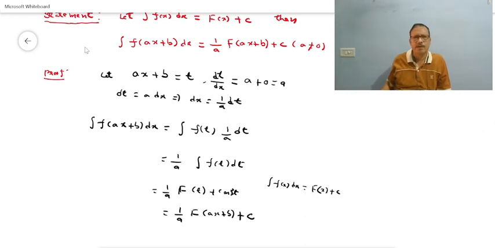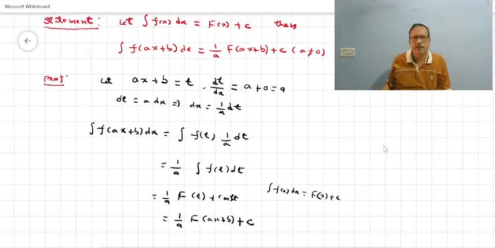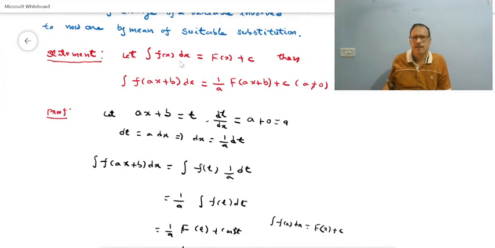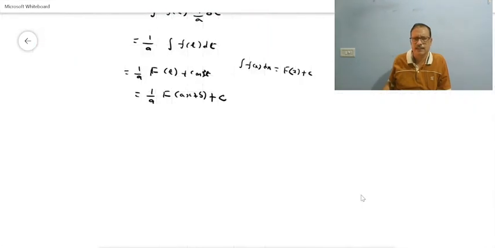So if integral of f of x dx is equal to F of x plus c, then integral of f of ax plus b dx is equal to 1 by a into F of ax plus b plus constant.